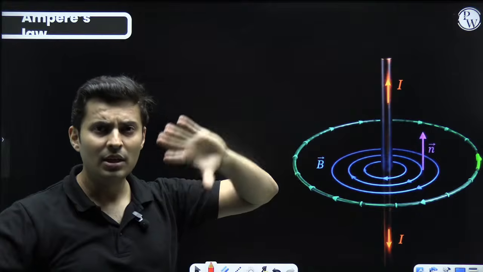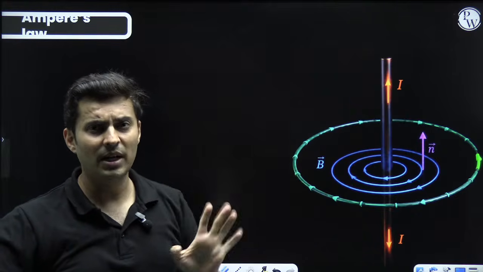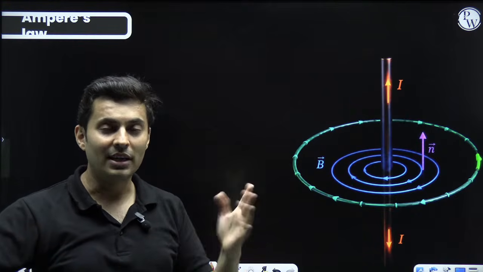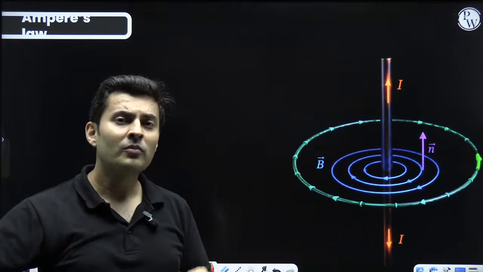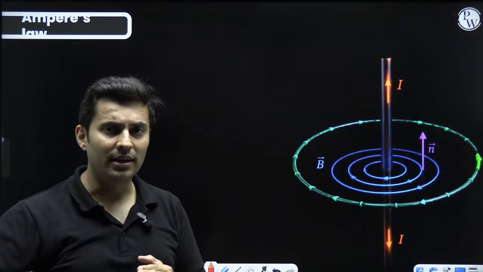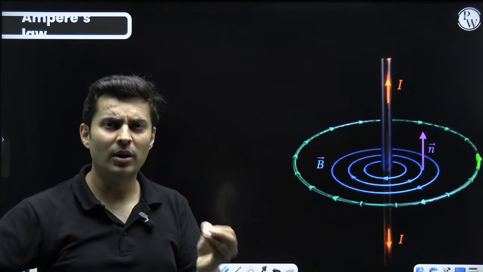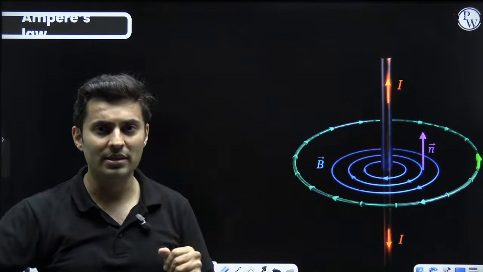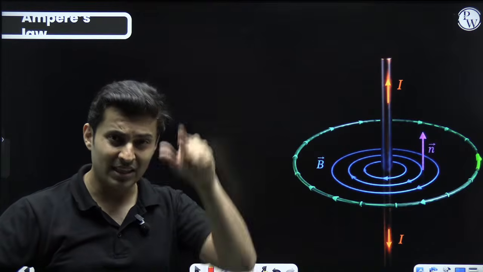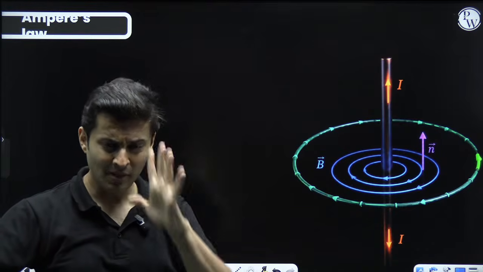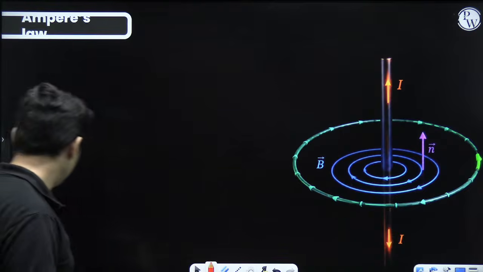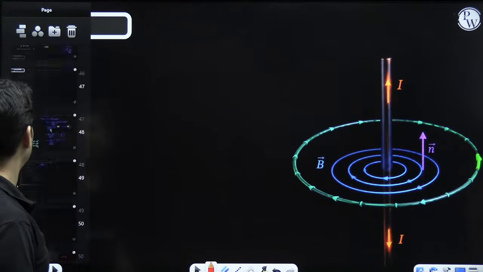So Gauss said you find the net flux, equal to charge enclosed by epsilon, and you can find the electric field easily. Ampere's law is very similar and it helps us find magnetic fields for certain symmetrical bodies in a much easier form rather than having to integrate. One such best example is this, which I just showed you some time back.